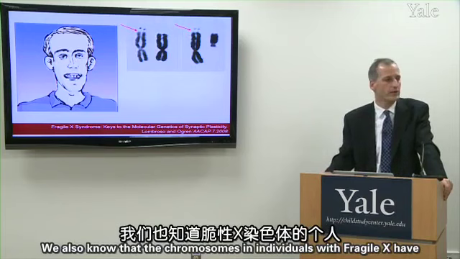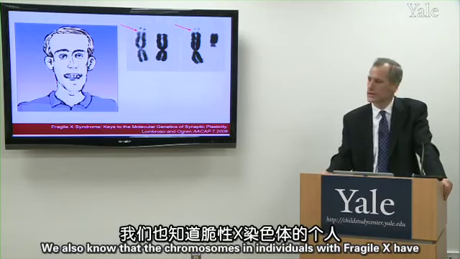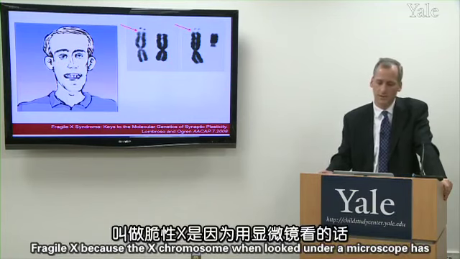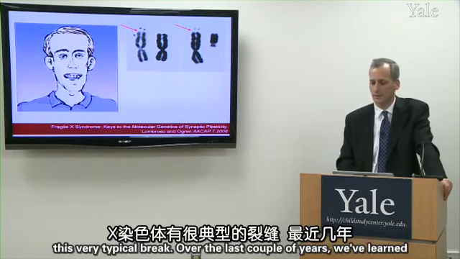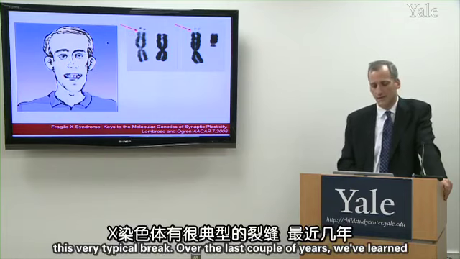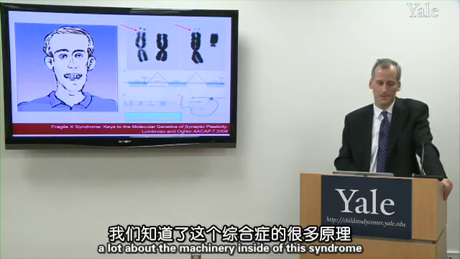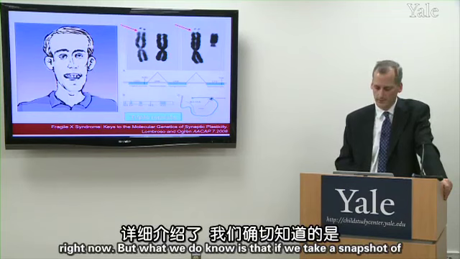We also know that the chromosomes of individuals with Fragile X have some select abnormalities, and that's why the syndrome is called Fragile X, because the X chromosome, when looked under a microscope, has this very typical break. And over the last couple of years, we've learned a lot about the machinery inside of this syndrome, which I won't go into right now.